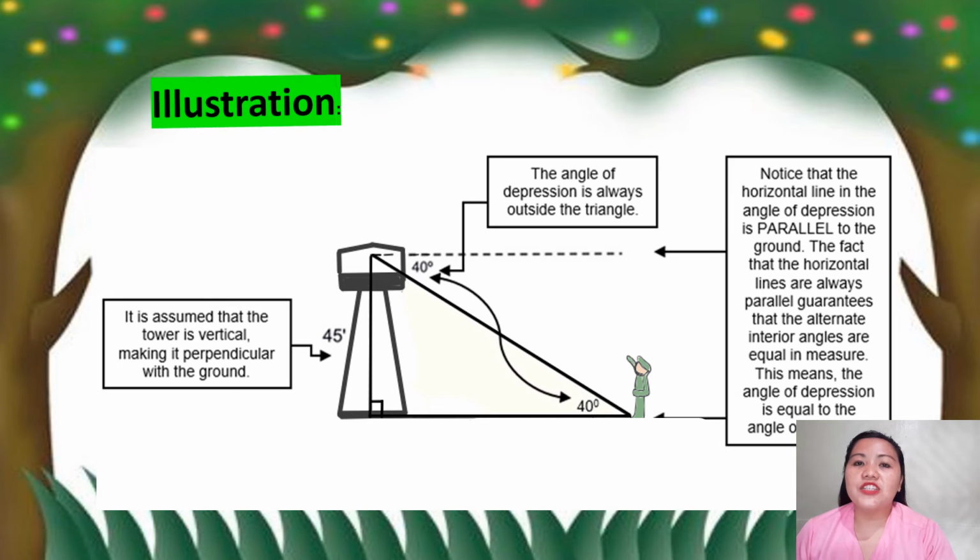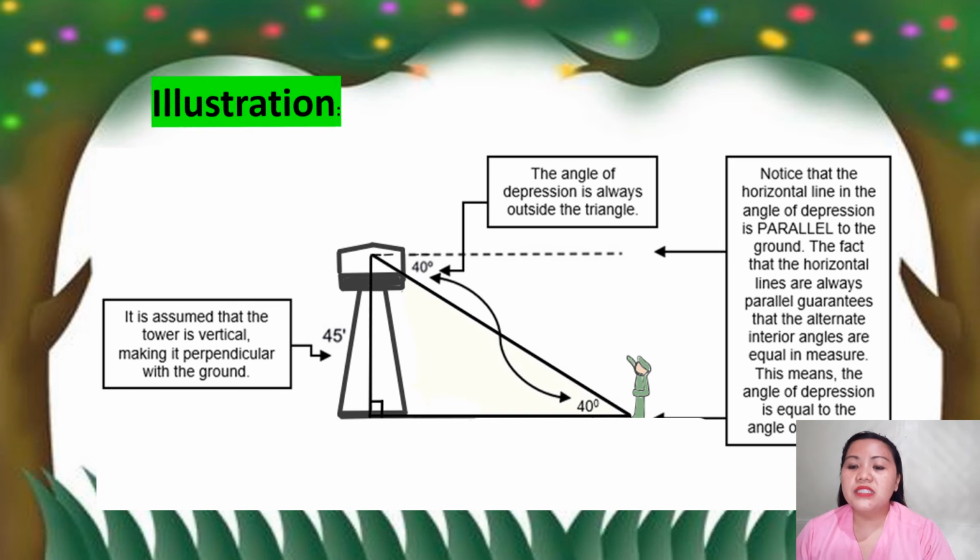Let's assume that the tower is vertical, making it perpendicular with the ground. The angle of depression is always outside of the triangle. Notice the horizontal line in the angle of depression is parallel to the ground. The fact that the horizontal lines are always parallel guarantees that the alternate interior angles are equal in measure.